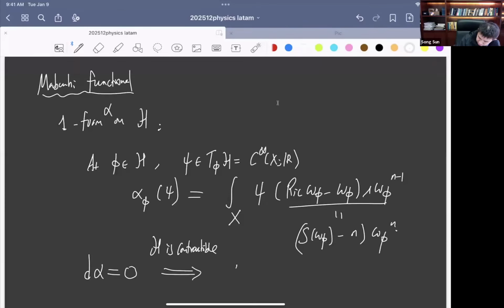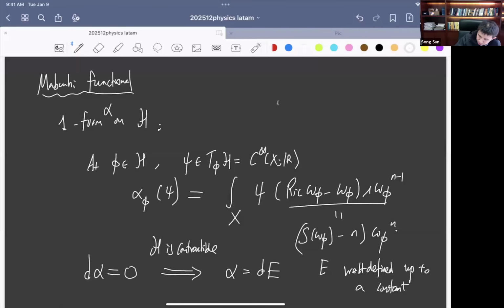So this implies that alpha is d of a function, and this function is the Mabuchi functional. So E is the Mabuchi functional. But this E is not actually a well-defined functional on the nose. It is defined up to a constant, and the constant does not change the argument.